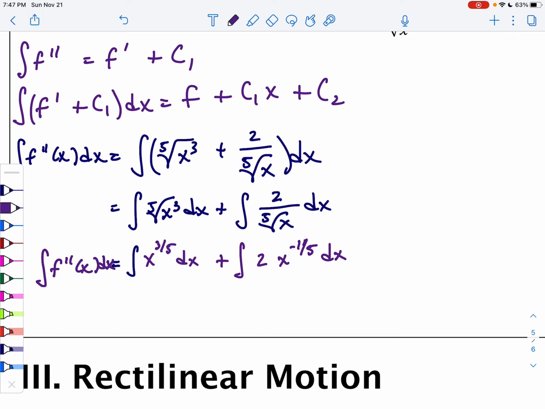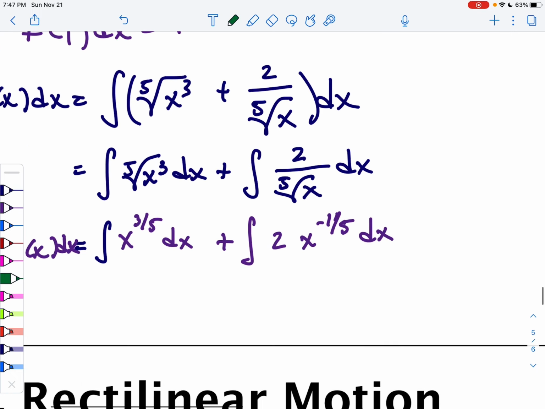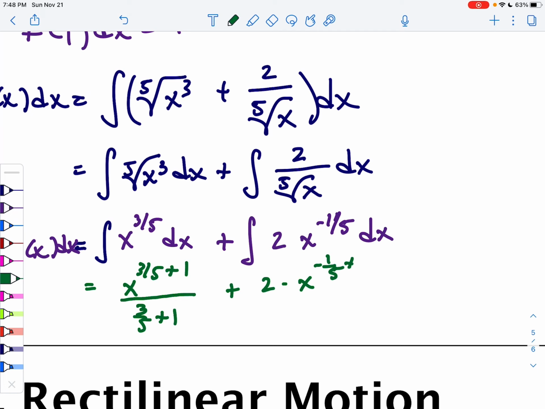And so now I'm going to integrate term by term. And this is going to be x to the 3/5 plus 1 over 3/5 plus 1, plus 2 times x to the minus 1/5 plus 1 divided by minus 1/5 plus 1. And we don't want to forget our plus C1, right?